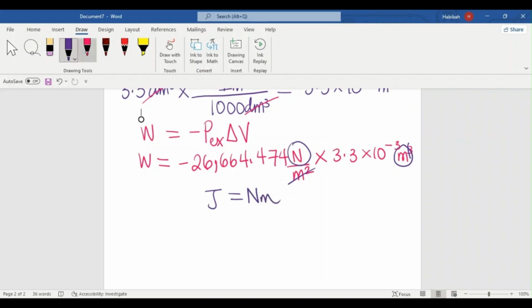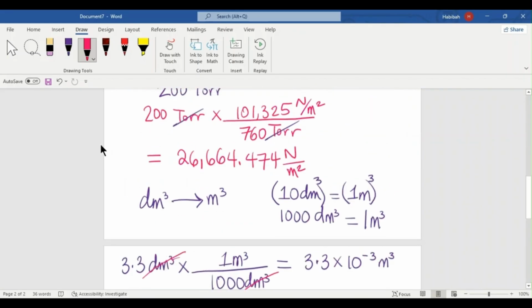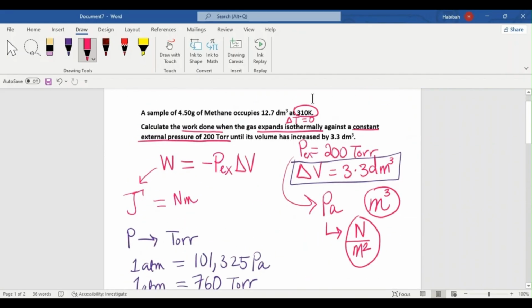So when you put this information in the calculator, 26,664.474 times 3.3 times 10 raised to the power of negative 3, what you're supposed to get is negative 87.9928 Newton meter. We have to remember that since this is a chemistry problem, we always have to use sig figs.